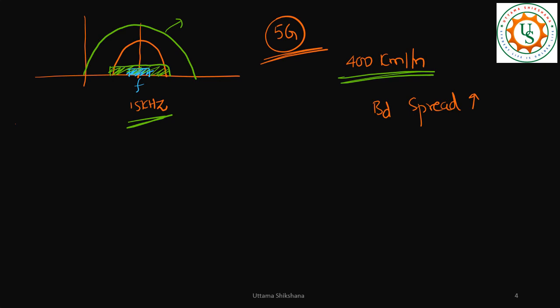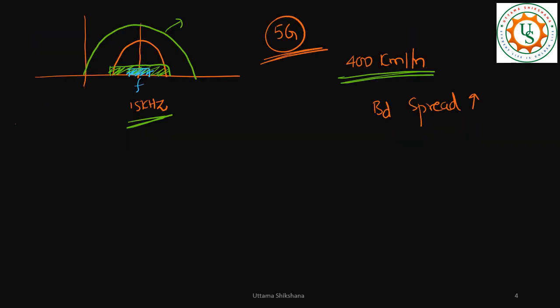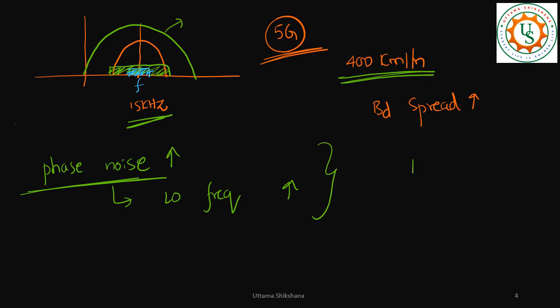Then what else do we have? In 5G we are going for higher frequencies, meaning millimeter waves. What is more significant is phase noise. Phase noise is directly related to the local oscillator frequency: the higher the frequency, the higher the phase noise. In 4G, phase noise was not so predominant, and that's why 15 kilohertz was sufficient.